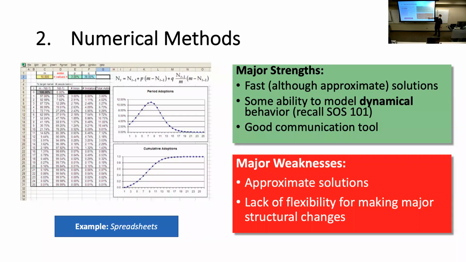And there's not a lot of flexibility. If somebody asks for a major change in the way the system works, like, well, what if people didn't recover? What if they had a period where they were just exposed? What if they could get reinfected? It takes a lot of work to update this spreadsheet to make that work. And so it ends up not being a very flexible solution for exploring these other scenarios as we move forward.